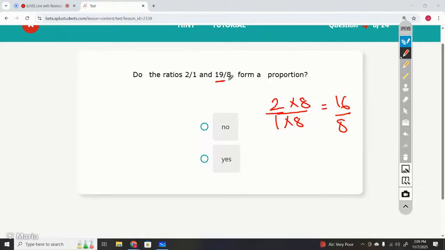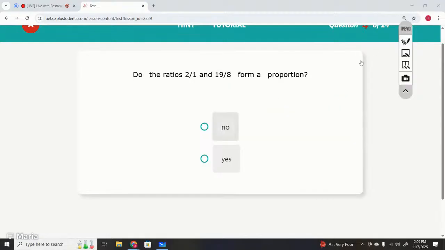So 19 by 8 and 16 by 8 have the same denominator, but different numerators. So that means no, they do not form a proportion. The correct option is no. Option number 1 is the correct option.